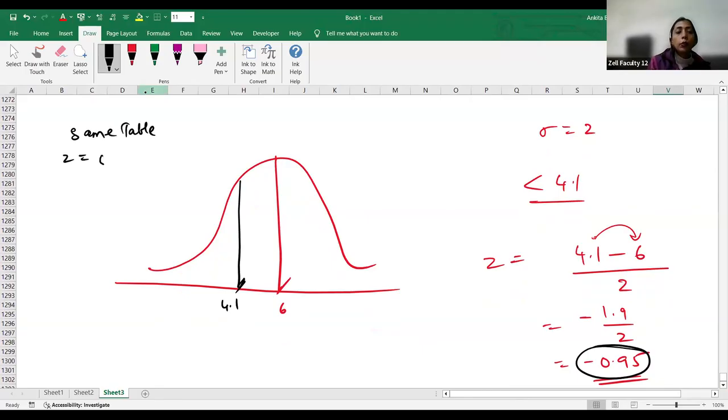You look at the value of Z equal to 0.95. Let me just open the table. Yeah, this is the table.